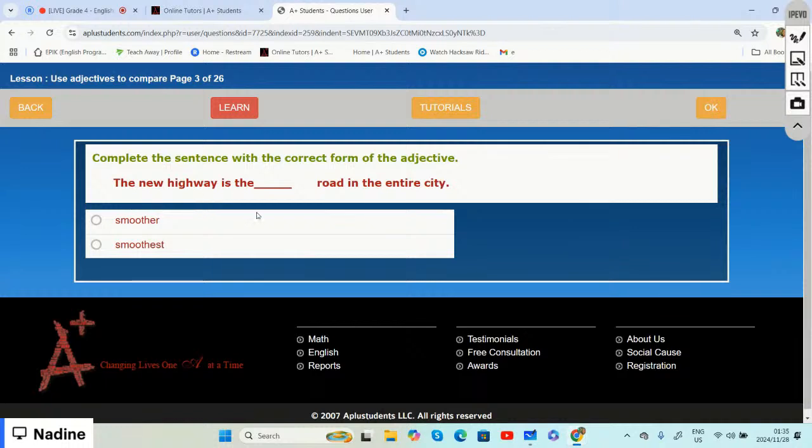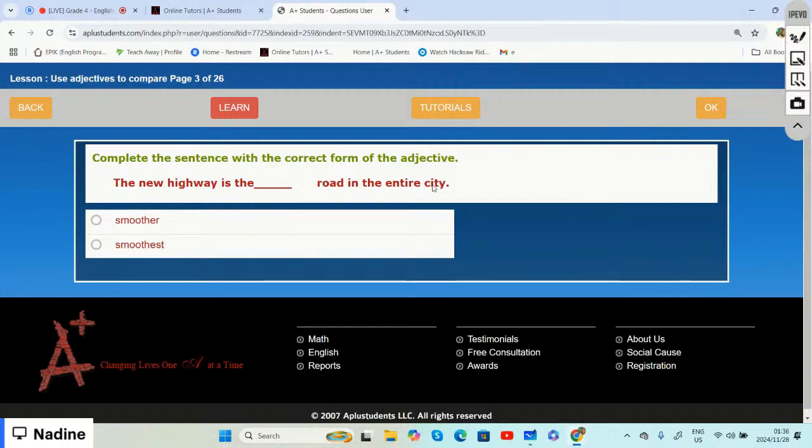The next one says, the new highway is the, do we say the smoother road in the entire city? Or it is the smoothest road in the entire city?